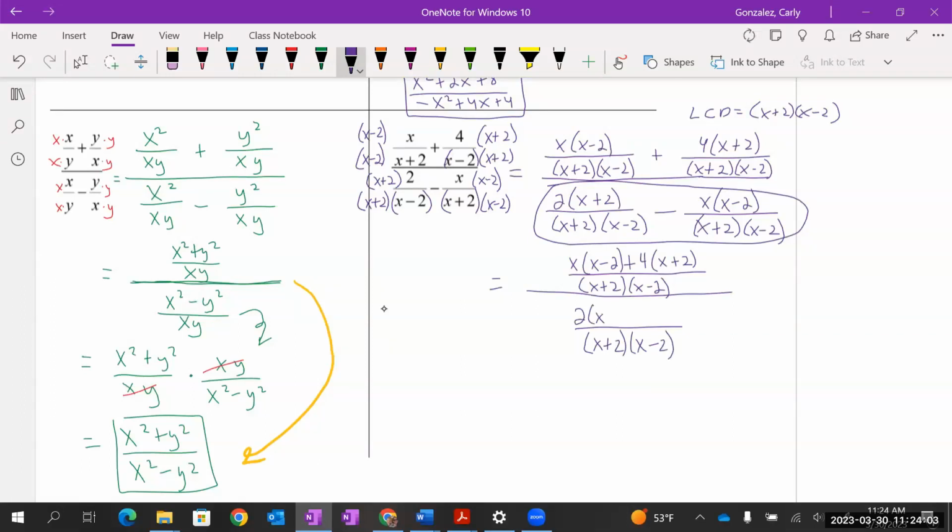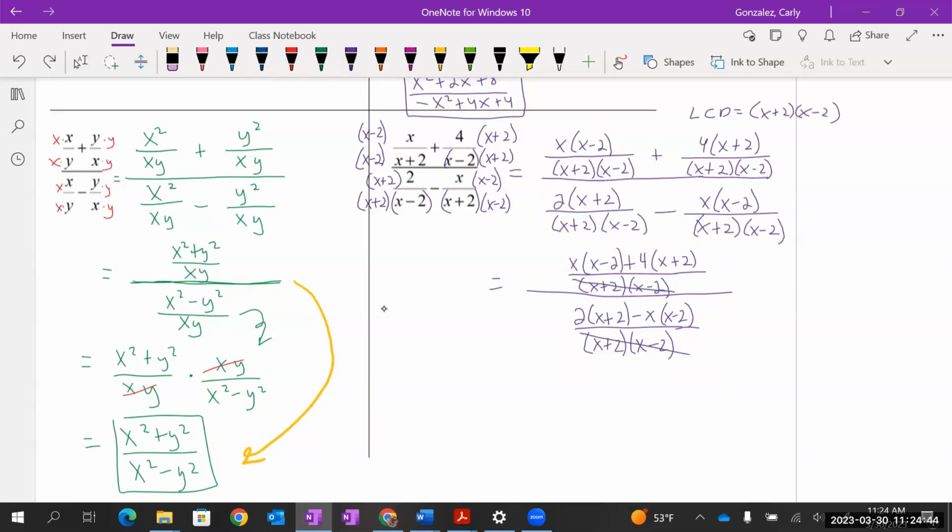And then I have 2 times x plus 2 minus x minus 2. Now that we have one fraction in the numerator and one fraction in the denominator with identical denominators, I'll go ahead and do that trick where the denominators cancel out.